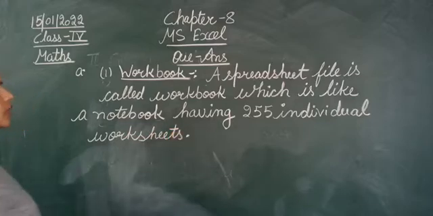Full stop. So this is the first term. What is a workbook? A spreadsheet file is called workbook, which is like a notebook having 255 individual worksheets. So this is what we call a workbook.